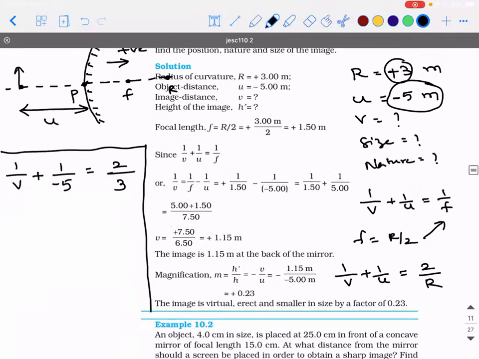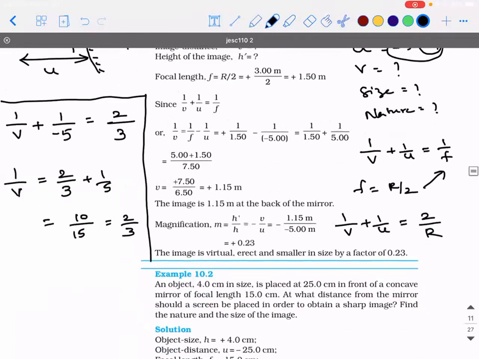So you should write the values, and before that you need to ensure that all the units are the same. So 1 by V is equal to 2 by 3 plus 1 by 5. When I take LCM, I get 10 divided by 15 or 2 divided by 3. So 1 by V is 2 by 3. V is equal to 3 by 2, which is 1.5 meter.